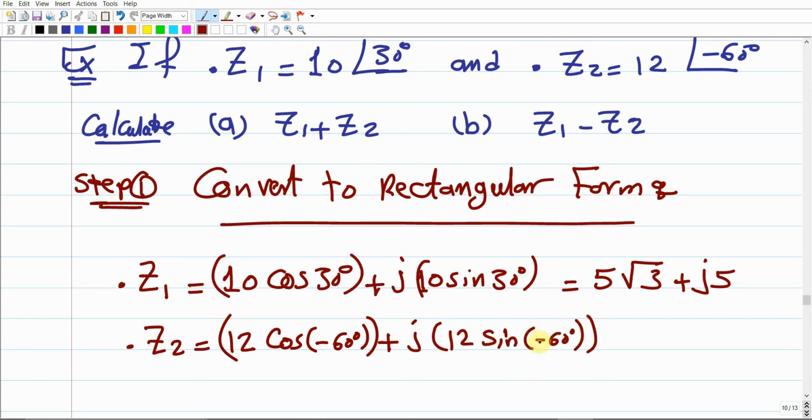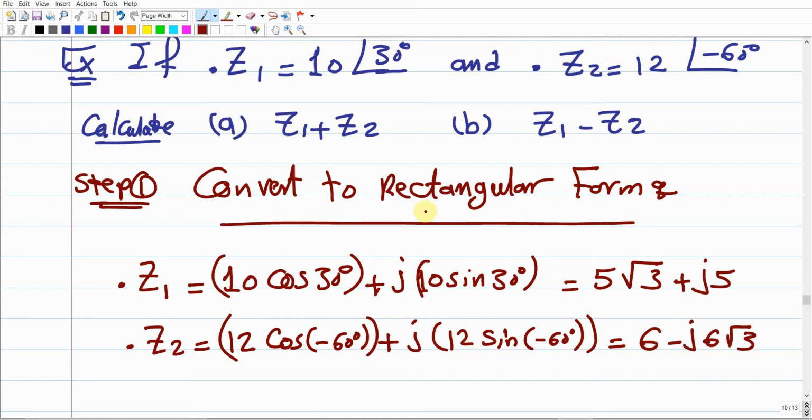We can reject this negative outside the j, so it's going to be negative here, or even you can include it in the calculator during the calculation. So anyway, we're going to end up with 6, which is the 12 cosine 60, the negative, that's why this negative had been rejected, then j times negative 6 square root of 3. This is going to give us the Z2.